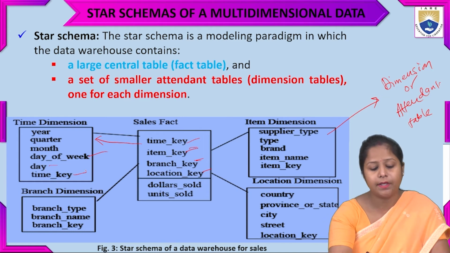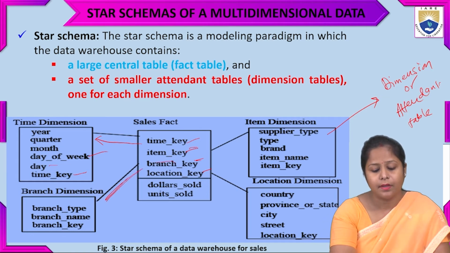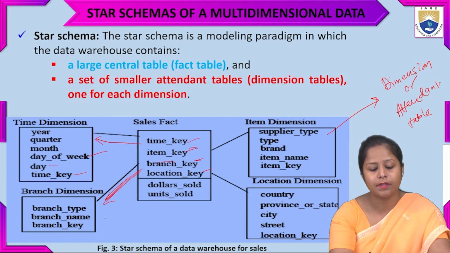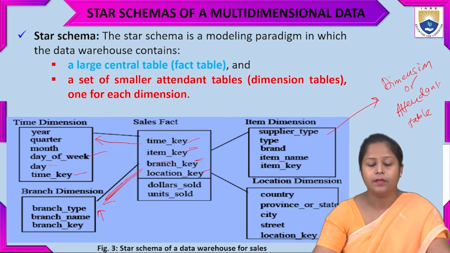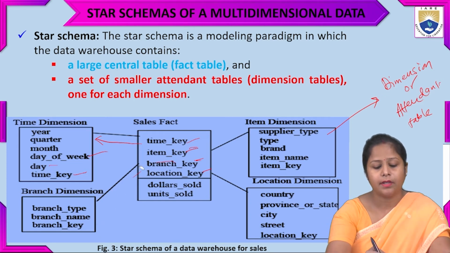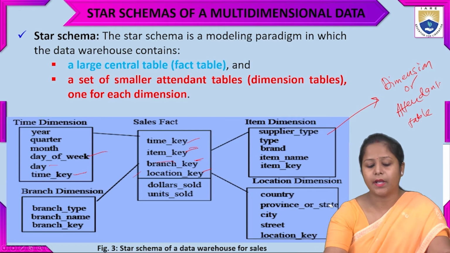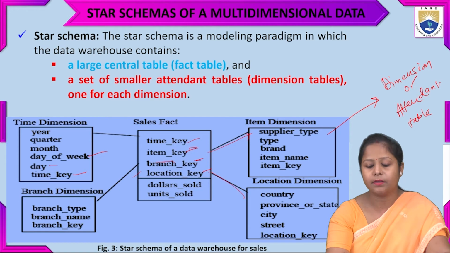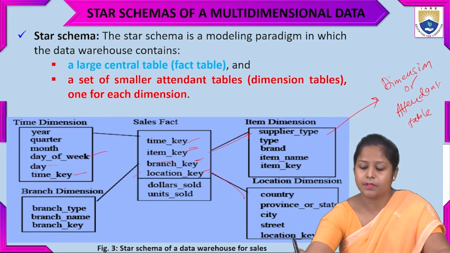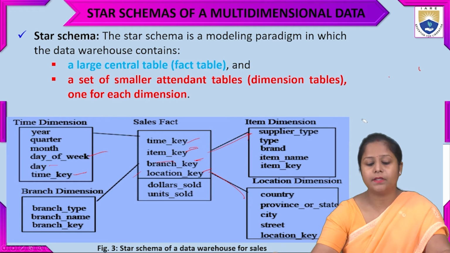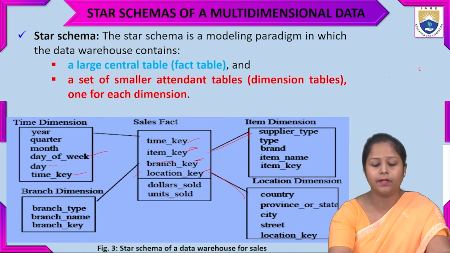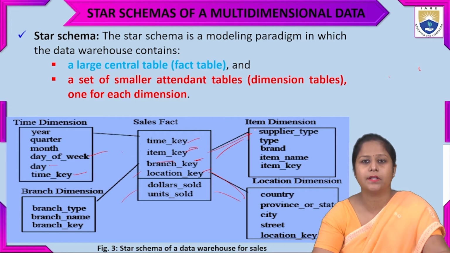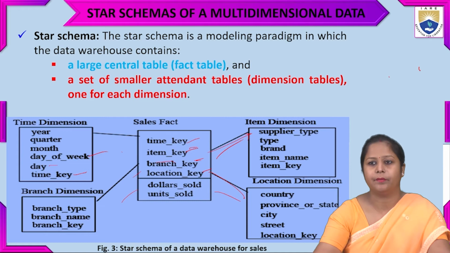For the branch key, there is a branch dimension table, which also has its attributes. For the item, there is the item dimension table. For the location, there is the location dimension table. Like this, the star schema looks like a star, forming the structure in the form of a star. So we call it a star schema.